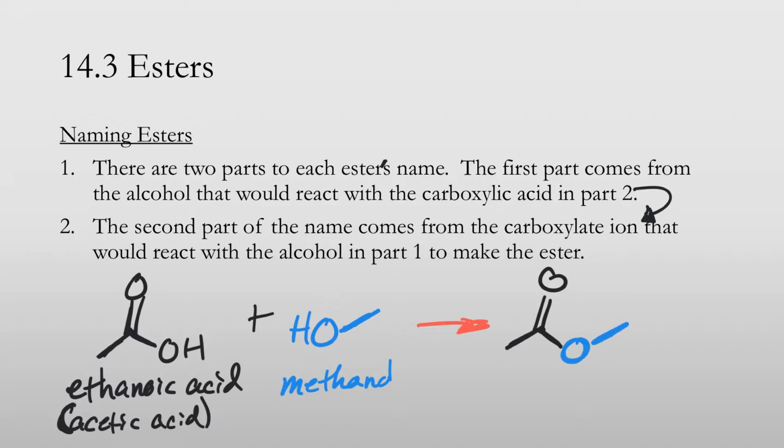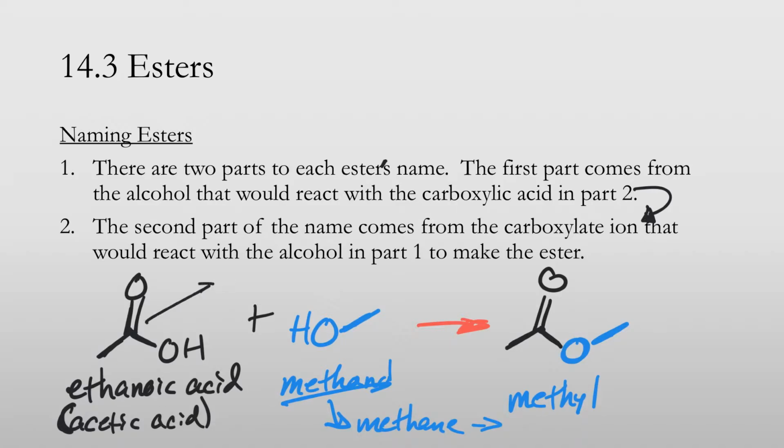All right, so step 1, there are 2 parts to each ester's name. The first part comes from the alcohol, since it comes from methanol, which is really derived from a methane group, which we call methyl. When it's a group, you put that first, and then secondly, the second part of the name comes from the carboxylate ion.